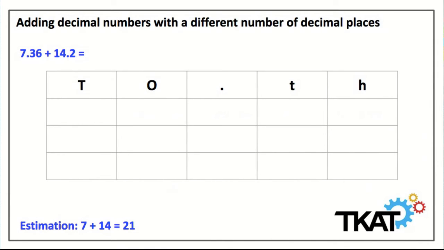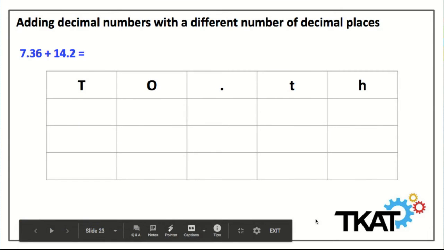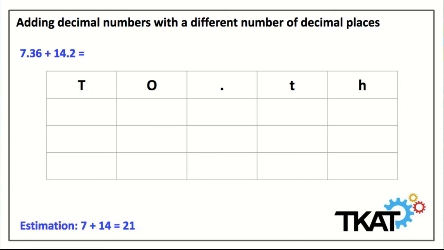Seven add 14 equals 21. Estimating what the answer might be gives the children an idea of what their answer should be. In this case, it should be about 21.